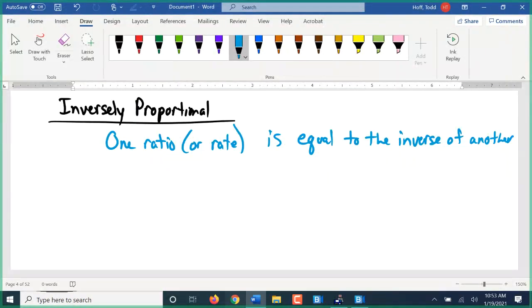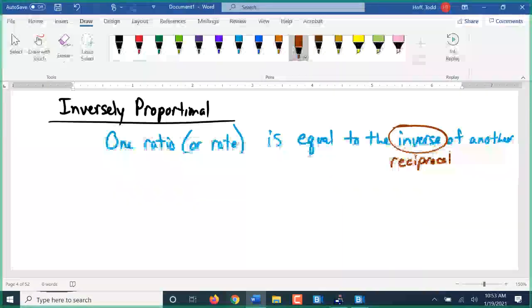What is an inverse? Well, an inverse, when we're talking about a ratio or rate, if we were talking about a fraction, it would just be a reciprocal. So let's go back to our gear ratios, our teeth. But look at speed.